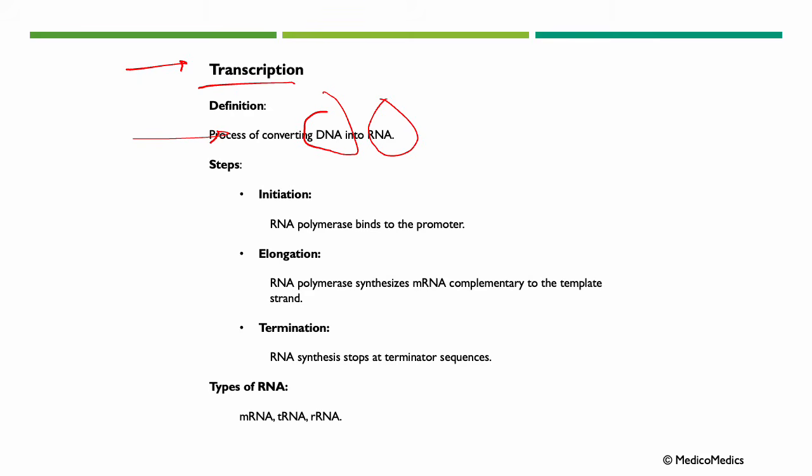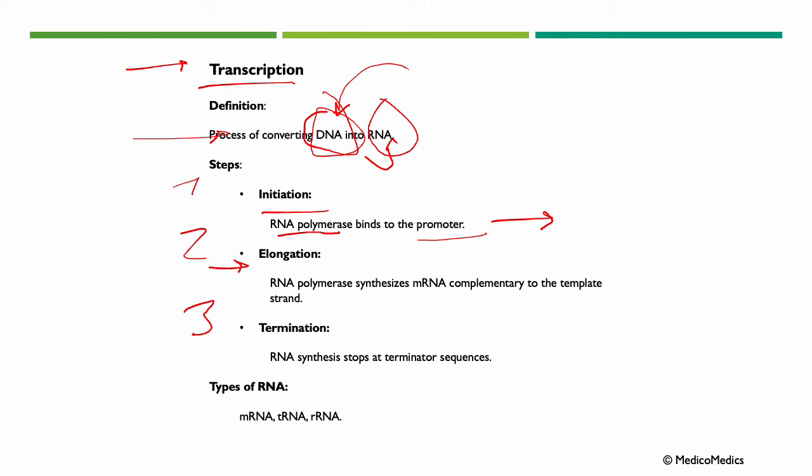It's the first step in gene expression, where we are converting genetic information in our DNA into functional molecules. The steps you may recognize from the previous slide: we have initiation. This is where RNA polymerase binds to the promoter region of a gene. This leads to the DNA unwinding, exposing the template strand.